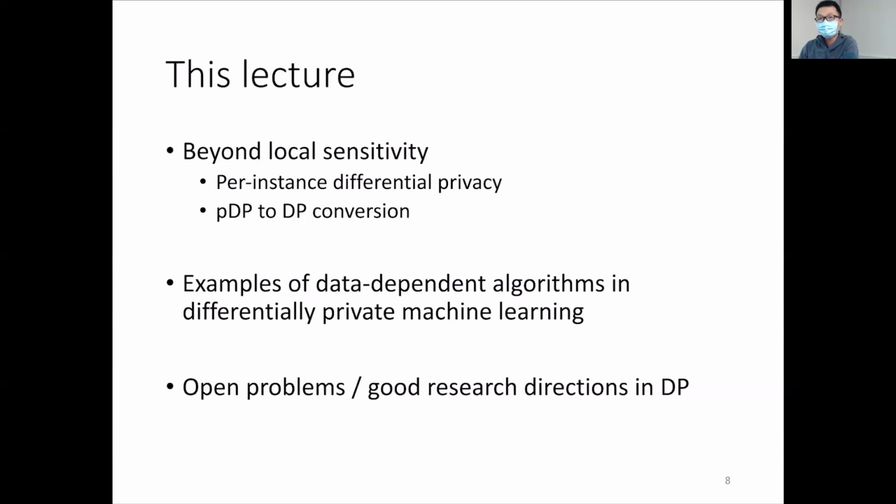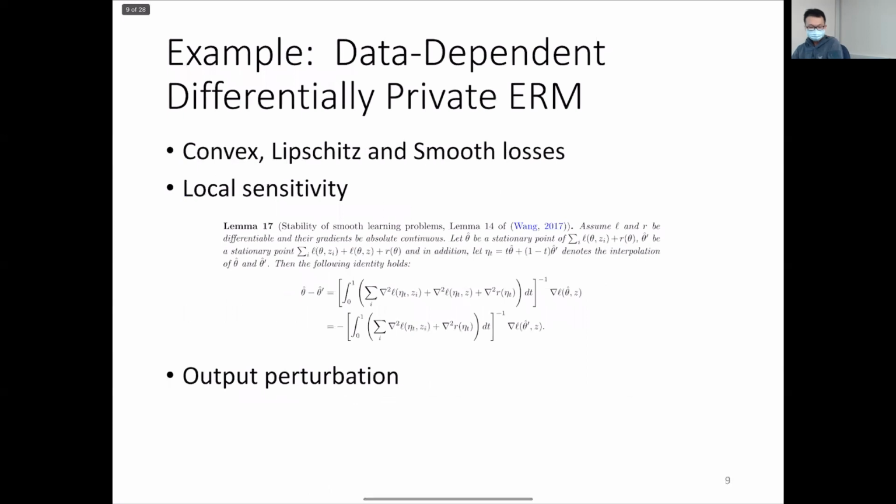So what kind of information do you need to expose in order for your data-dependent algorithm to work? I'll give some examples of these, and then talk about two particular differentially private machine learning algorithms that are adapting to certain properties of the data set. And then I'll conclude the lecture with some open problems and some good research directions in case you want to look further into this area of differential privacy and differentially private machine learning.